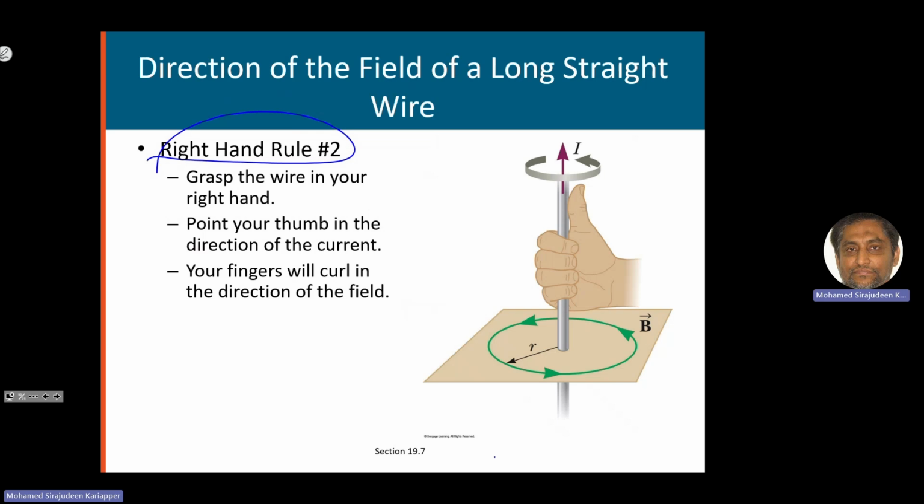So that tells you what the direction of the magnetic field should be. So please don't confuse these two direction rules. One is for the magnetic force direction, and one is for getting the direction of the magnetic field line when there is a current carrying wire.